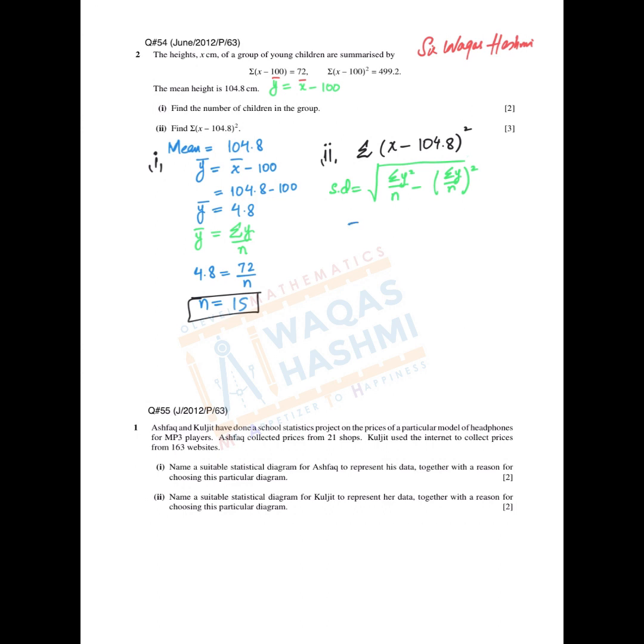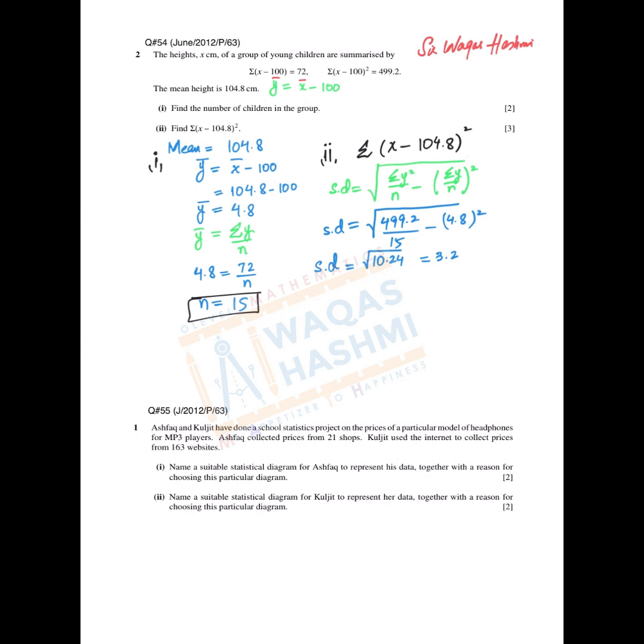Summation of y square is 499.2, given in the question. N is 15, which we found. Summation of y over n, that is the mean of y, is 4.8, which we found. By solving this root you can find the standard deviation. So standard deviation is under root of 10.24, and when you find the root of it you will get the answer 3.2.